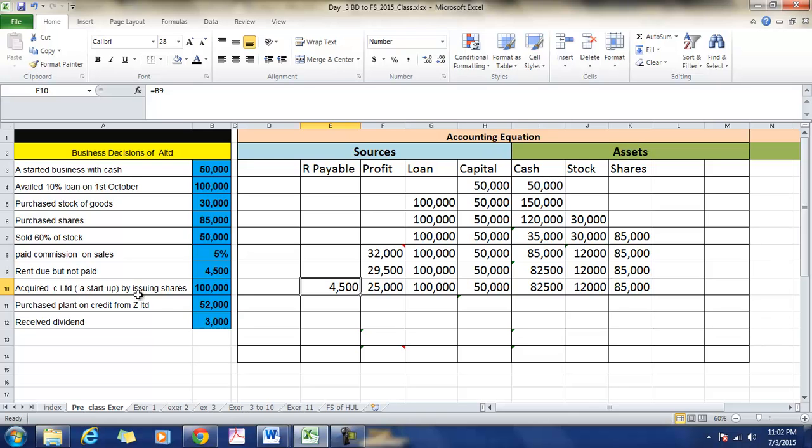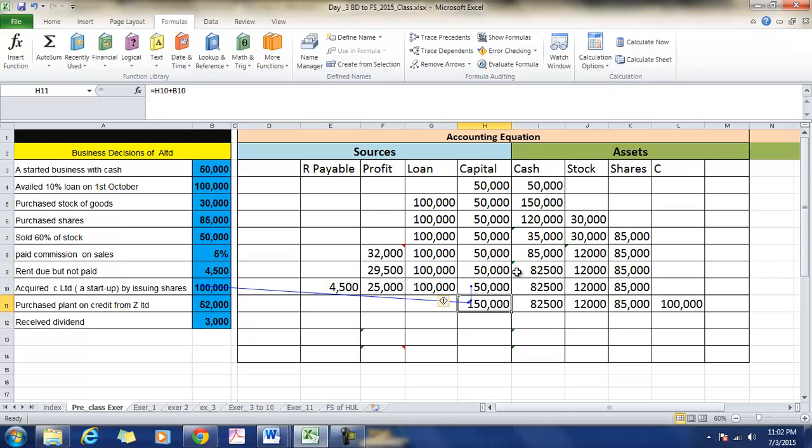Acquired C Limited, a startup company, by issuing shares. So we acquired C, and that is an asset for us, because we are expecting cash flows or economic benefit in future. No change in other shares, no change in stock, and no change in cash because we are paying the acquisition by issue of shares.